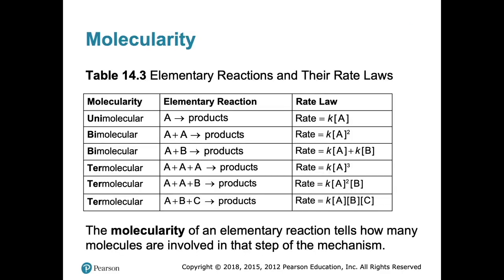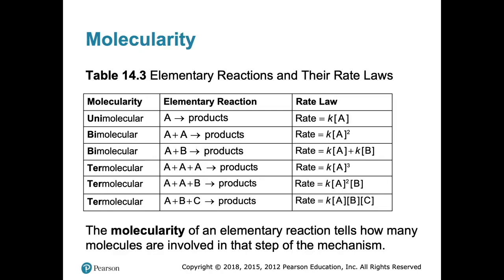All right, so there's this other thing called molecularity. You get this in organic chemistry too, but it's pretty self-explanatory. Molecularity is just applying a word to the number of molecules involved in the reaction. For example, a unimolecular reaction is just one reactant, uni meaning one.